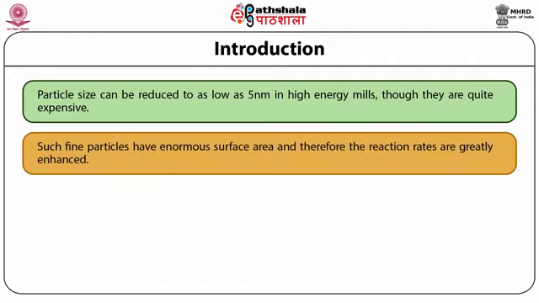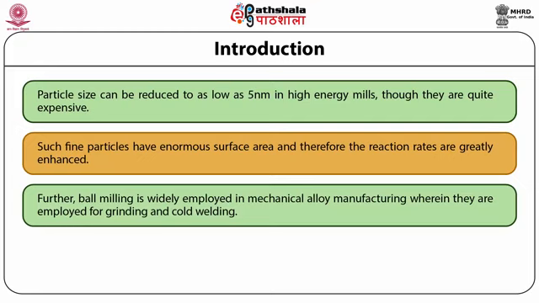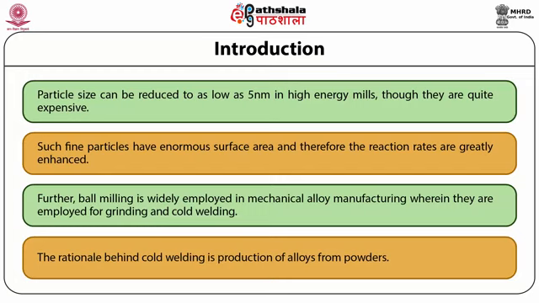Such fine particles have enormous surface area and therefore the reaction rates are greatly enhanced. Further, ball milling is widely employed in mechanical alloy manufacturing, wherein it is employed for grinding and cold welding. The rationale behind cold welding is the production of alloys from powders.